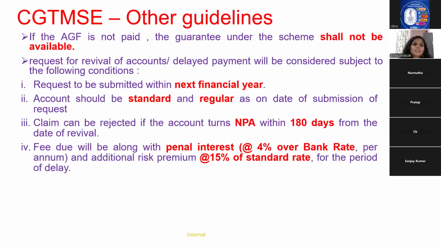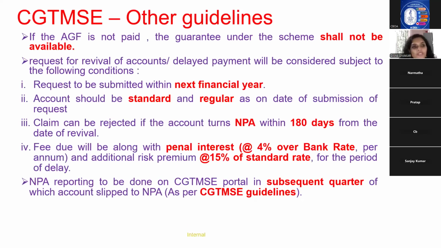Then regarding CGTMSE again, if the annual guarantee fee is not paid, a guarantee under the scheme shall not be available. Requests for revival of the account or delayed payment will be considered subject to the following conditions. If you have missed it and want to revive, the request must be submitted within the next financial year.